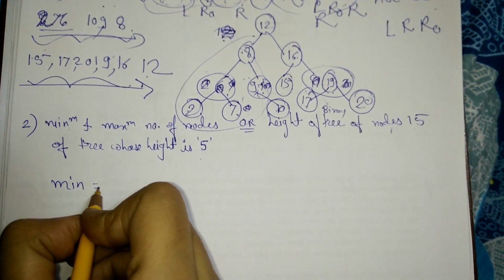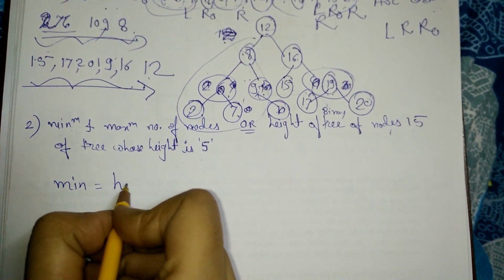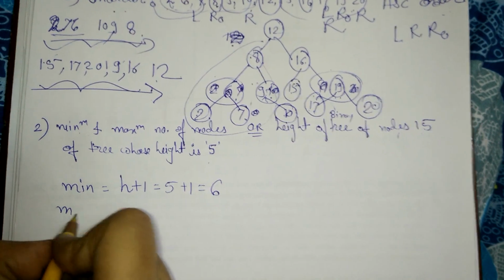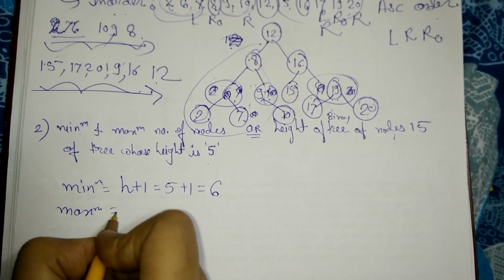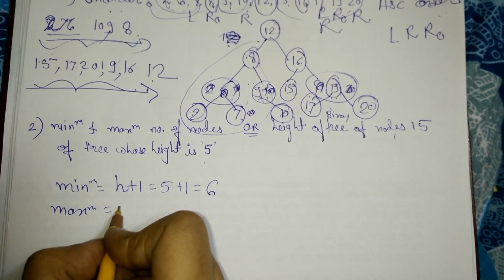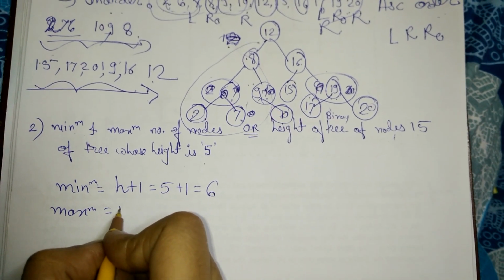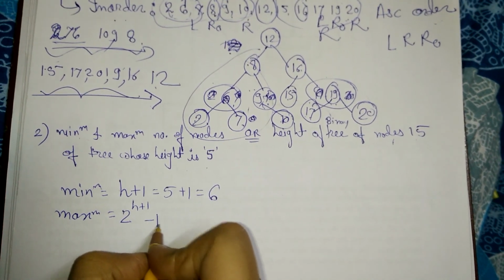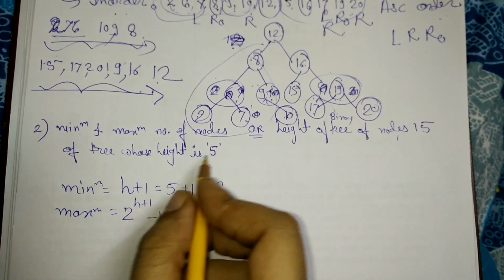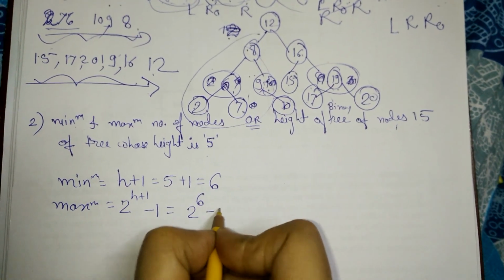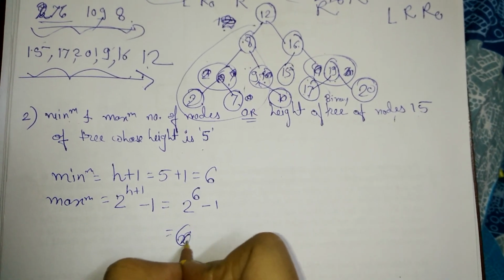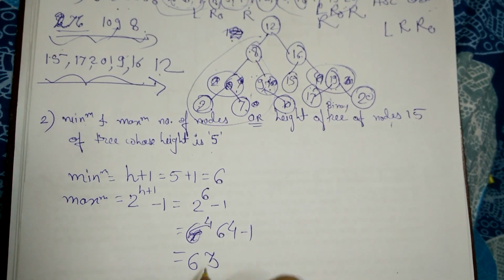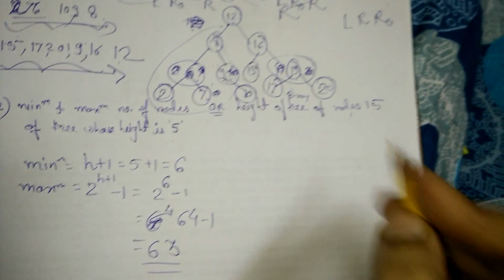The minimum number of nodes is height plus 1, that is 5 plus 1, 6, and the maximum number of nodes is 2 to the power h plus 1 minus 1. Now the value of h is 5, so 5 plus 1 is 6, 2 to the power 6 is 64, minus 1. So the maximum number of nodes is 63.